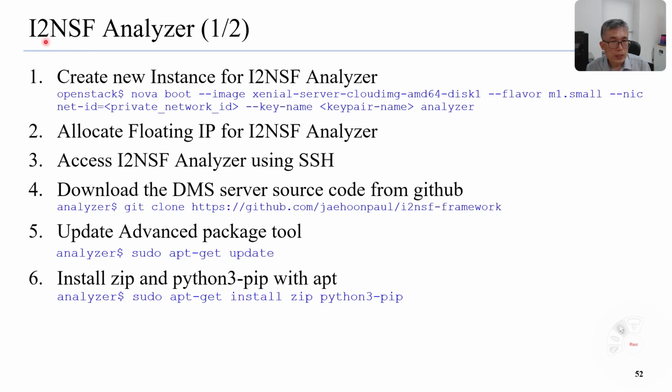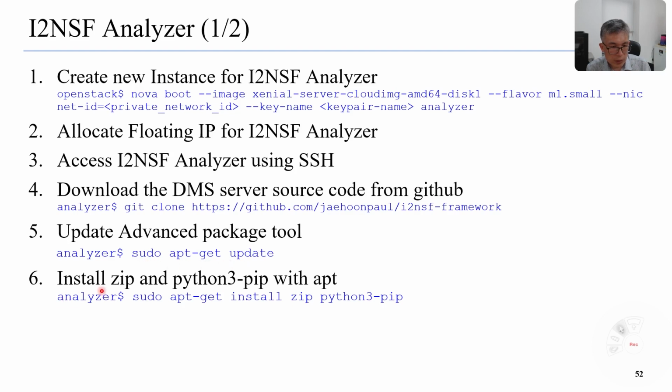And then we need to install the I2NSF analyzer. First of all, create a new instance for the I2NSF analyzer using the OpenStack Nova command. And then allocate the floating IP address for the I2NSF analyzer, and then access the I2NSF analyzer using SSH, and download the analyzer source code from our I2NSF GitHub project, and update the advanced package tool with sudo apt-get update.